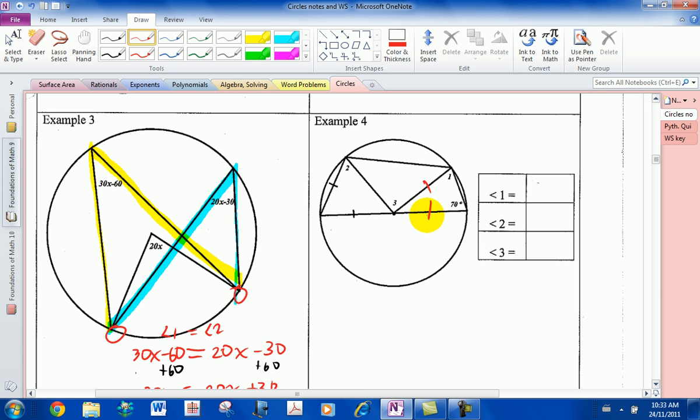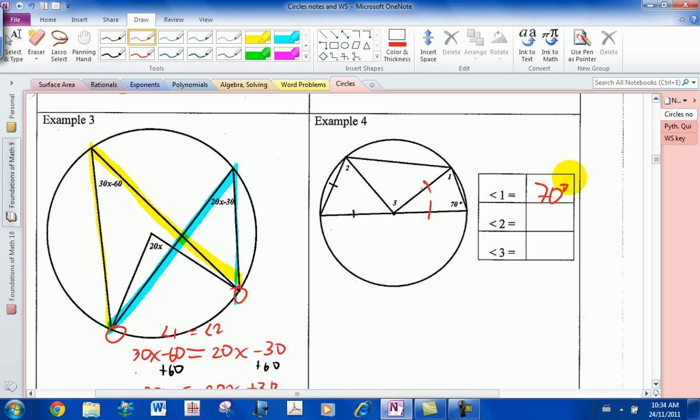Kiana? Angle 1. Yeah. So the first thing, look at my diagram. What did I mark down on these two radiuses? That they're equal. So what kind of triangle is that? Isosceles. So that's 70 degrees.